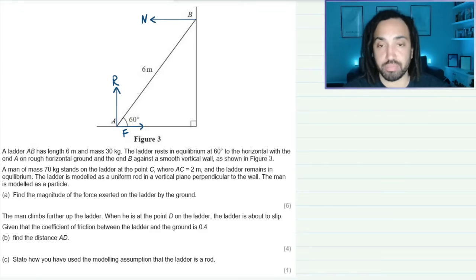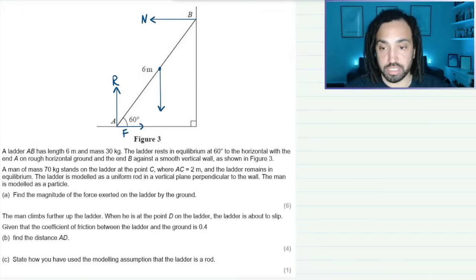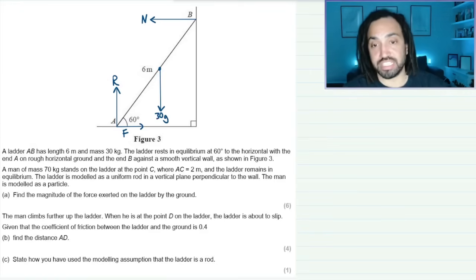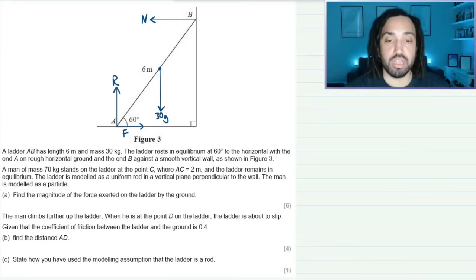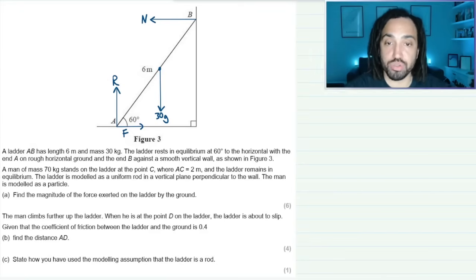I'll call it N. The rod has a mass of 30 kg, so that's 30g, and that acts at the center of the ladder. And then we have a person standing on the ladder 2 meters from A, so it's going to be here. So that one is 70g.